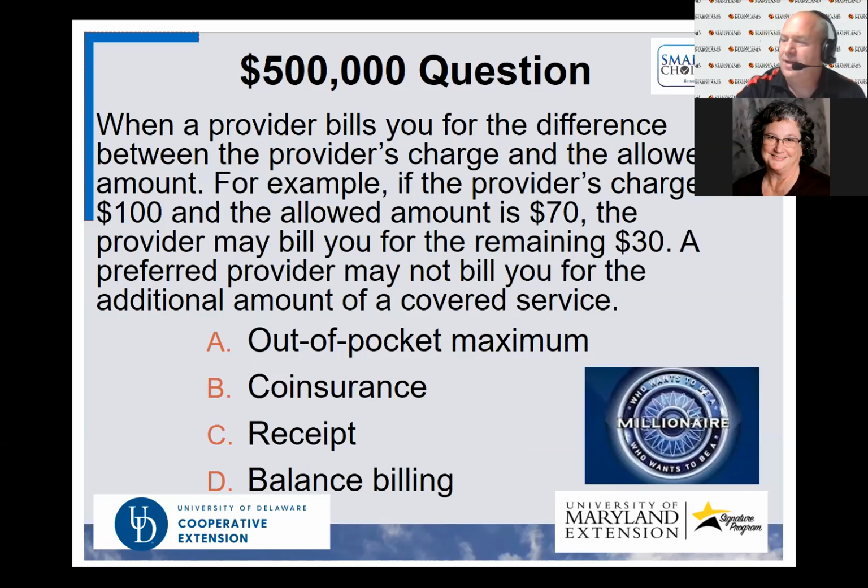Your options are out-of-pocket maximum, co-insurance, receipt, and balance billing. Let's see what we have here. This is one of the tricky ones. I see the responses are coming in a little slower here. We have a D and a B.